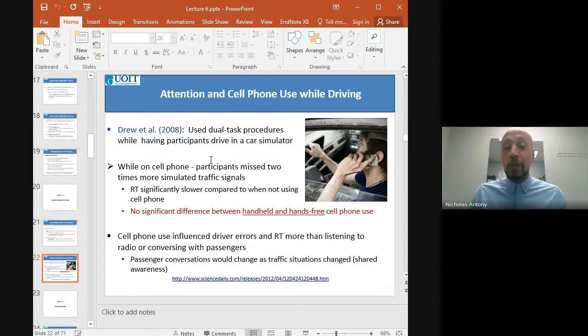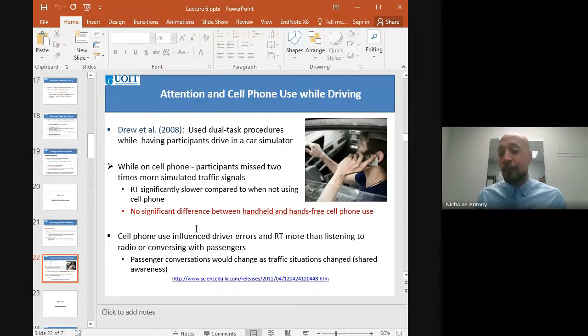What they wanted to do was look at a drive simulator and assess someone's driving ability, and then look at whether them talking on the phone hands-free or with a handheld unit, or talking with someone in the car, would affect their performance. And what they found was that there was no significant difference between talking on the phone in your hand or talking on Bluetooth when driving the car, meaning that both led to the same decrease in performance.